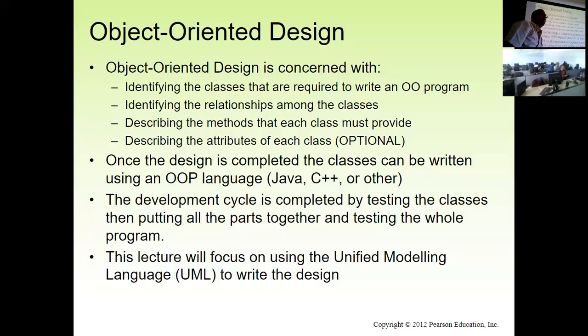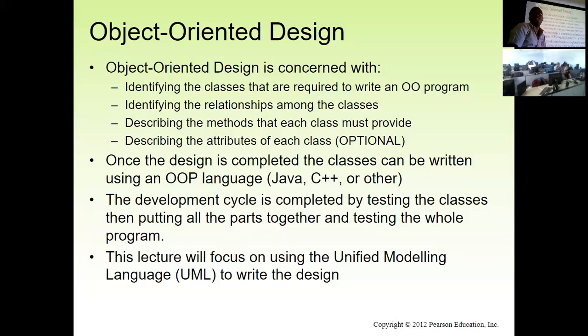Because attributes can be derived, they can change, they're not as important as making sure that a class has certain responsibilities. As a matter of fact, you have a class and responsibilities. In some cases, there are classes that don't have attributes, right?